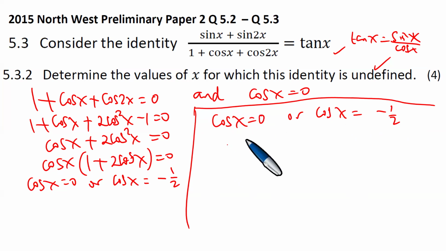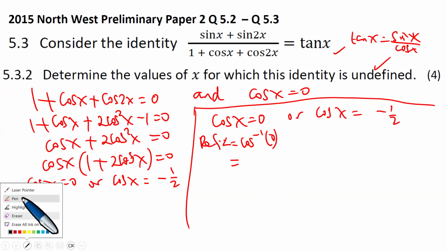If you look at this now, we need to get the reference angle in each case. So the reference angle equals what? Arccosine of 0 is exactly 90 degrees.